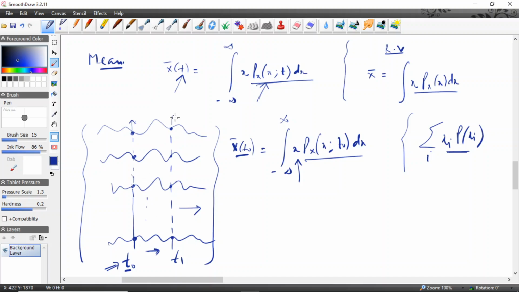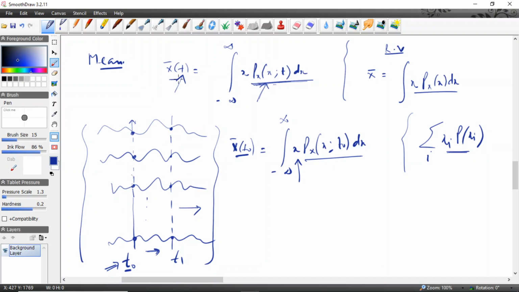And the second important parameter is, suppose the PDF of the random process is not available. Because to compute the mean of the random process in this way, you must ensure that you have the PDF of this random process at each and every instant of time.